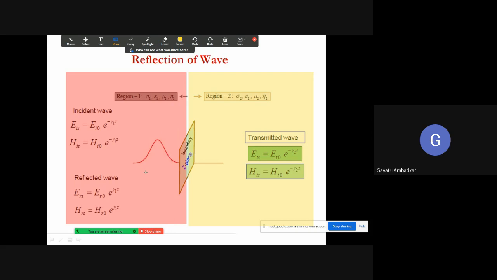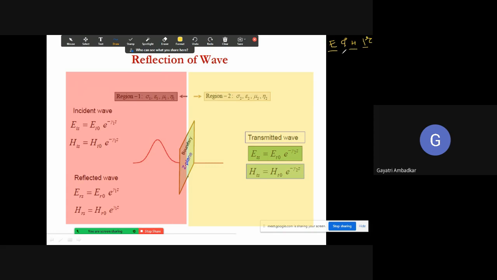So at this boundary, the wavefront which is coming from medium 1 strikes the boundary of medium 1 and medium 2. So let us indicate the incident wave with suffix I: incident electric field with suffix I, and incident magnetic field with suffix I. Now you know that an electromagnetic waveform is made up of electric and magnetic fields, both E and H fields, and they are perpendicular to each other, right?